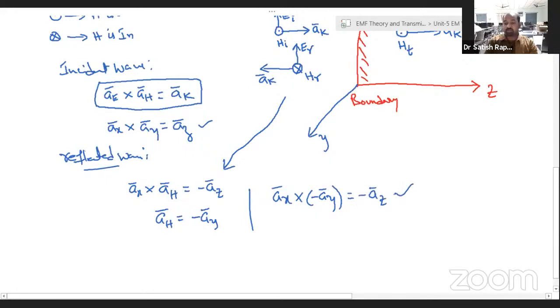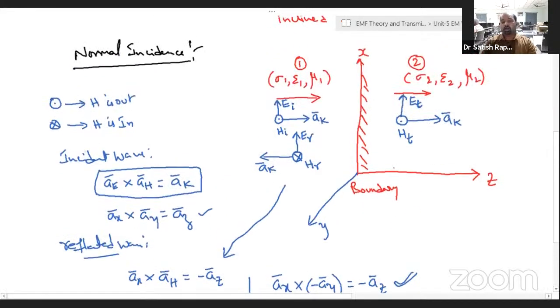Therefore this equation is satisfied, right? So for the wave to change its direction, the direction of the magnetic field should be changed. Whenever the direction of the magnetic field changes, the wave direction changes to the opposite direction, right?